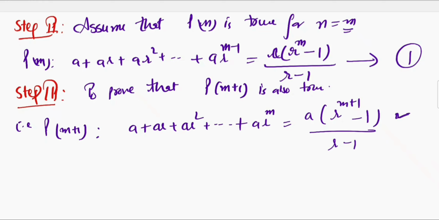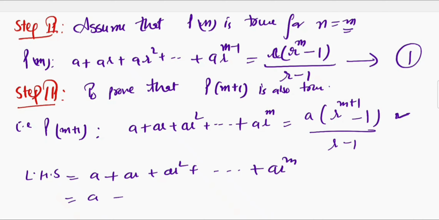For that, I'll take the left hand side, which is equal to a + ar + ar² and so on plus ar^m. This I can write as a + ar + ar² and so on up to the previous term, ar^(m-1), plus ar^m.